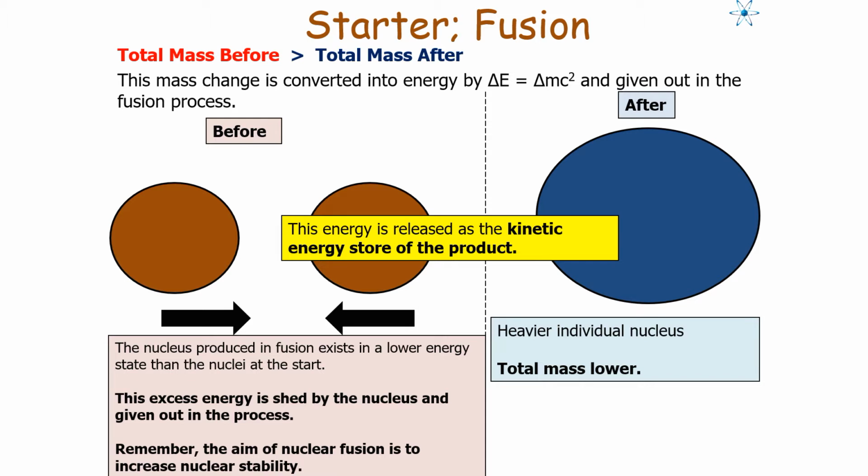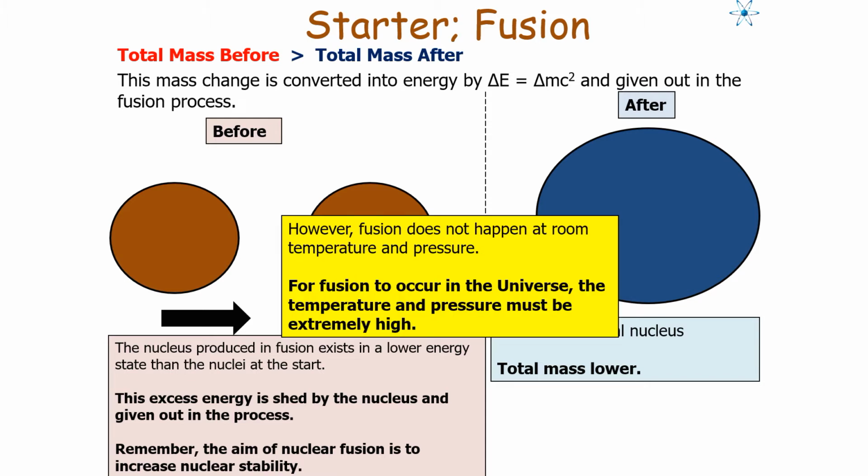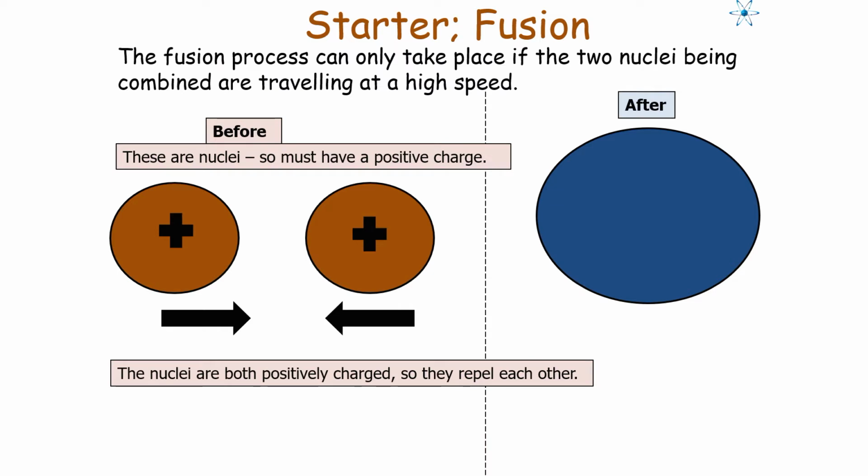It's important to note that nuclear fusion does not happen at room temperature and room pressure. For fusion to occur in the universe, the temperature and pressure must be extremely high, because the fusion process can only take place if the two nuclei being combined are travelling at a very high speed. The reason for this is due to their charge.